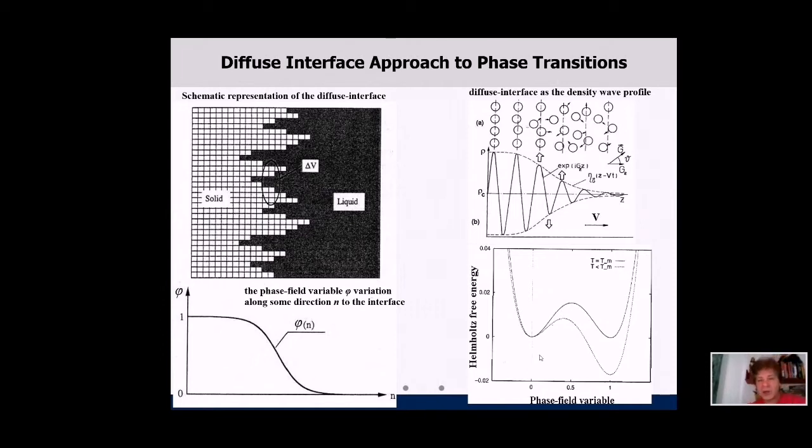Energetically, it can be seen in this picture. At the equilibrium temperature, Tm, the melting temperature, we have 2 states with equal energy. However, if we decrease the temperature below the melting temperature, the state with 0, the liquid state, becomes metastable, with higher energy than the stable phase.